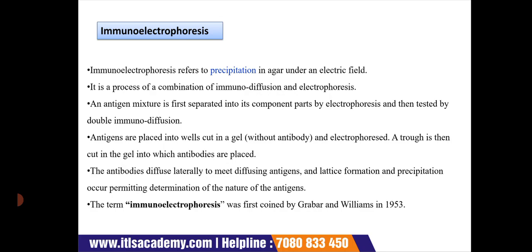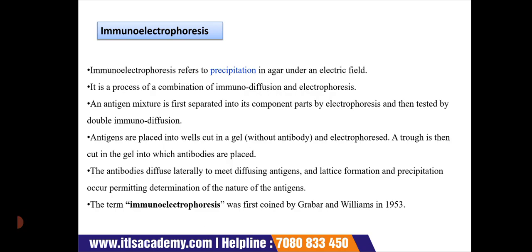It is used for the separation of proteins based on their charges, and also their mass ratio and antigenicity. First the proteins are separated, then they are allowed to react with the antigen through diffusion via gel, and this is known as immunoelectrophoresis.